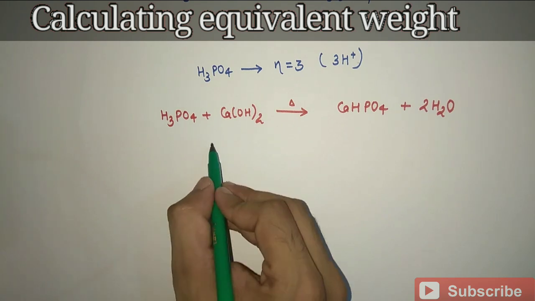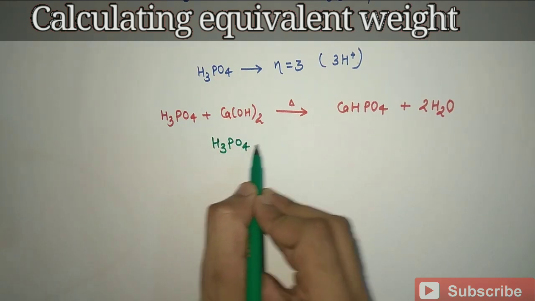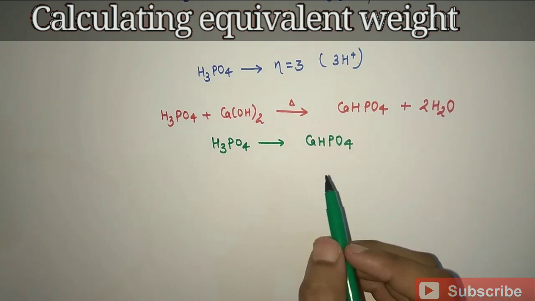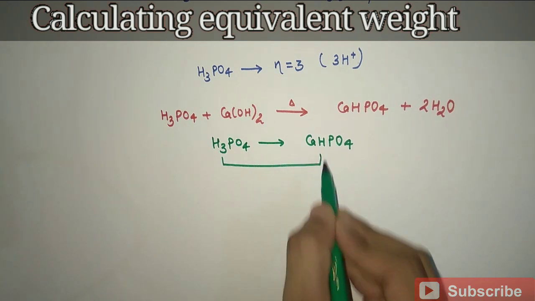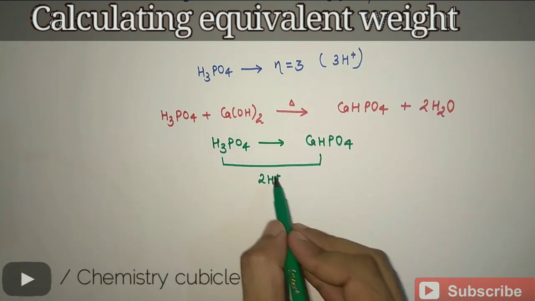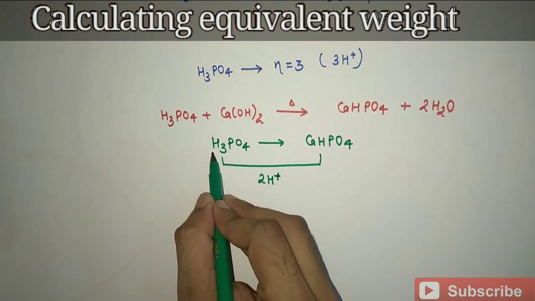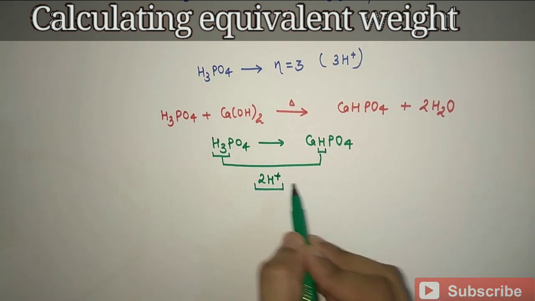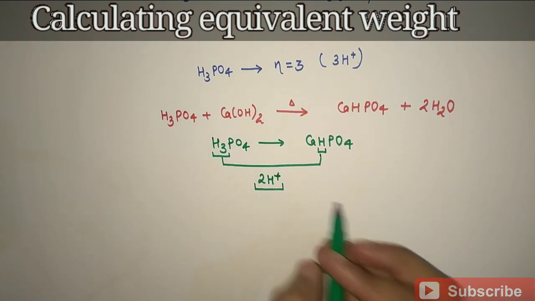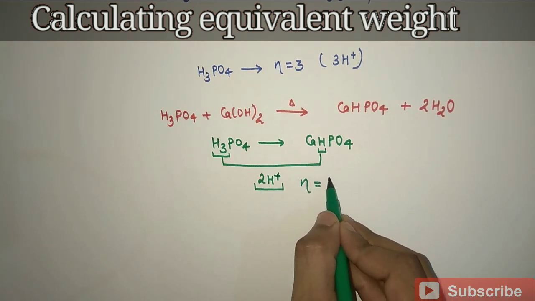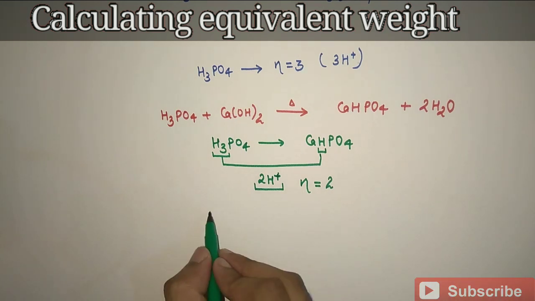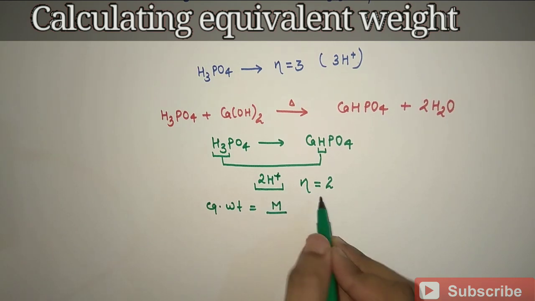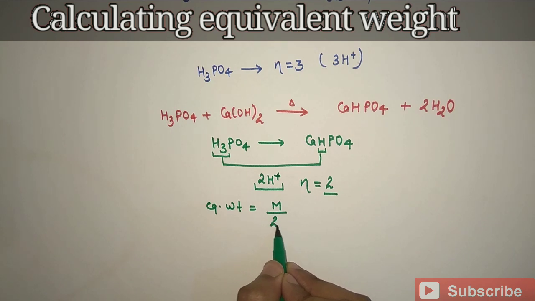In this case H3PO4 changes to calcium hydrogen phosphate, CaHPO4. Here we can see that there are 3 hydrogens and here only 1 hydrogen. So only 2 H plus ions are replaced in this chemical reaction. Hence its equivalence factor, that is n, should be 2. So its equivalent weight will become molecular weight divided by the equivalence factor, that is 2.